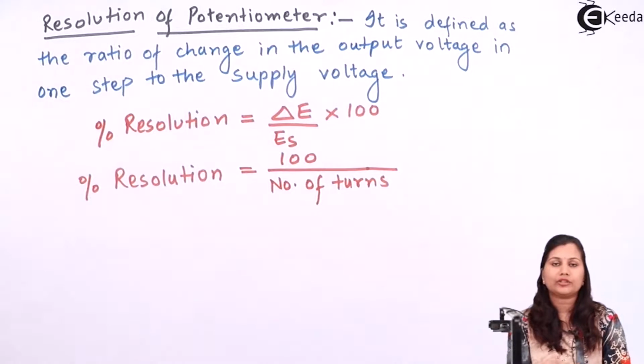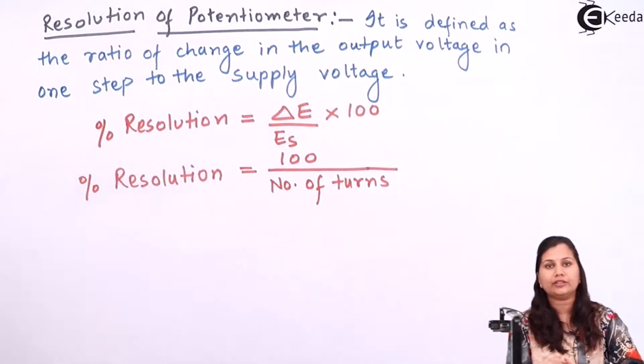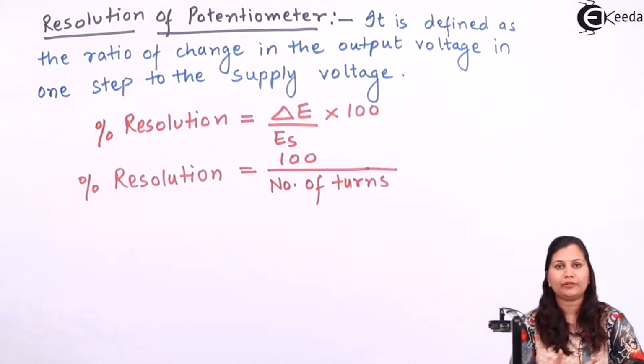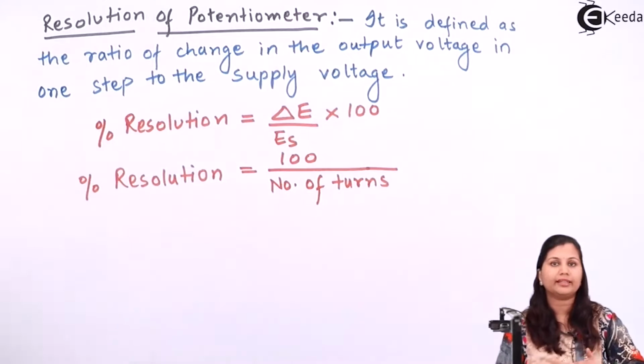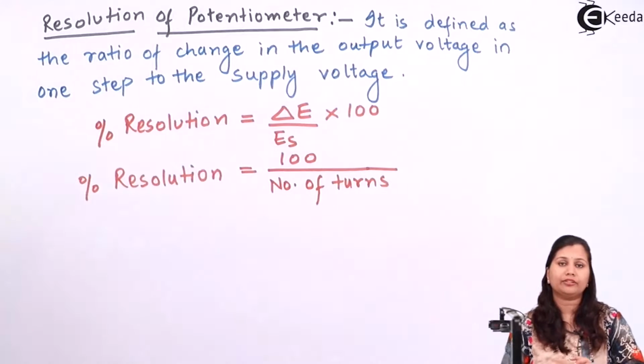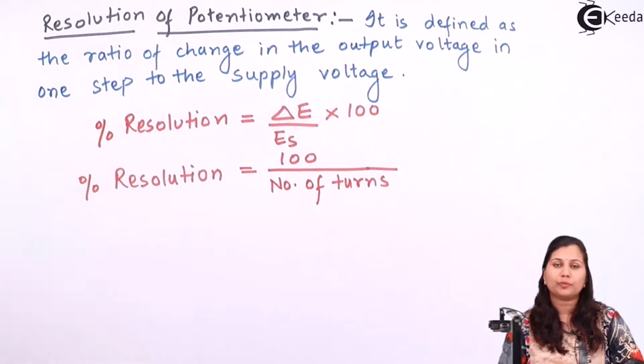This mechanical energy is a displacement, which can be linear or rotational, and the electrical output of the potentiometer is a voltage. Then we studied the types of potentiometers, translational and rotational. Then we derived the ratio of the output and input voltages for both types.